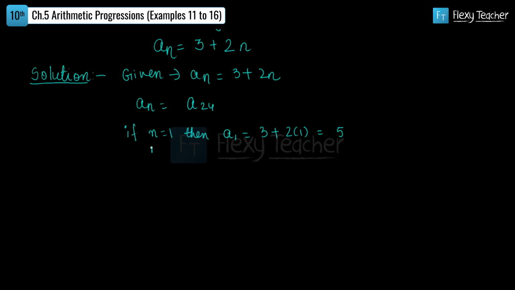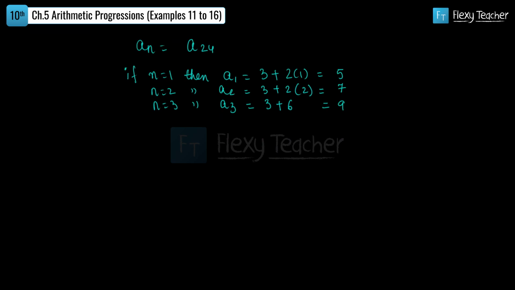Now if n is 2, then a2 is equal to 3 plus 2 into 2, which is 3 plus 4, 7. If n is equal to 3, then a3 is equal to 3 plus 2 into 3 is 6 is equal to 9.